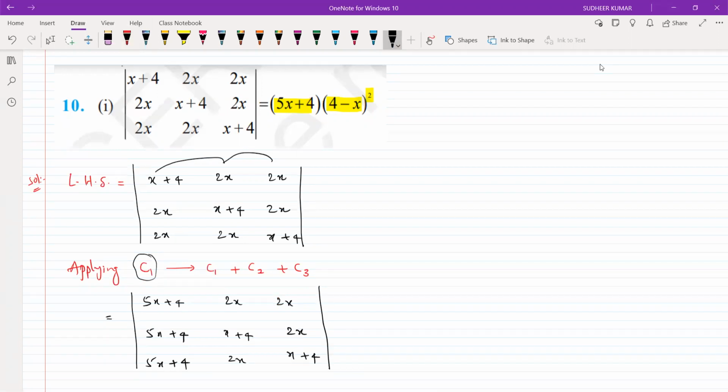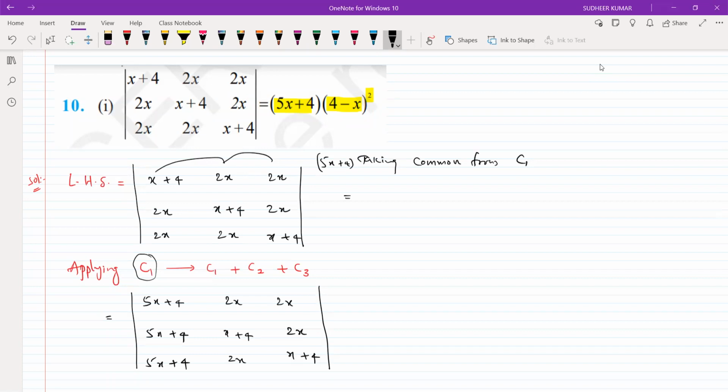So go to the next one. What do we have to do in the next step? Taking common 5x plus 4. That's it, because we need 5x plus 4 only on the right side. So you can write taking common 5x plus 4 from C1.